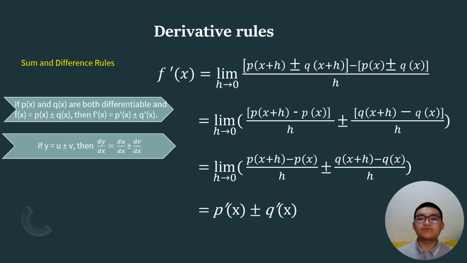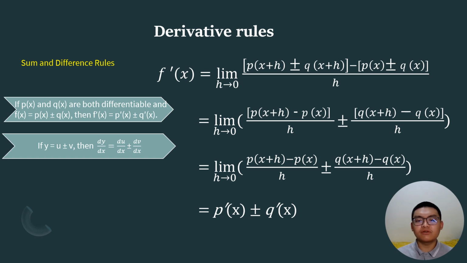So let's start with the sum and difference rules. These rules help us differentiate the sum or difference of two functions. So let's see, if p of x and q of x are both differentiable and f of x is equal to p of x plus or minus q of x, then the derivative of f of x is equal to the derivative of p of x plus or minus the derivative of q of x.